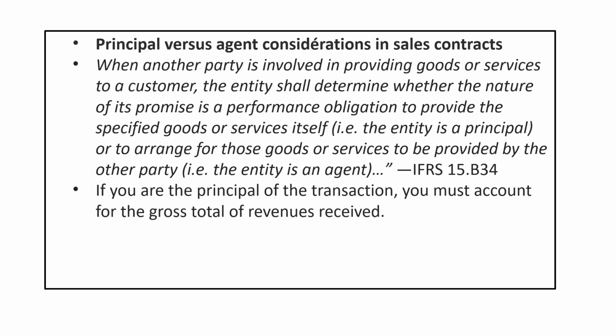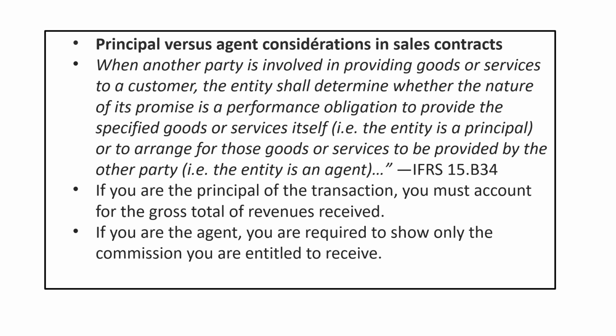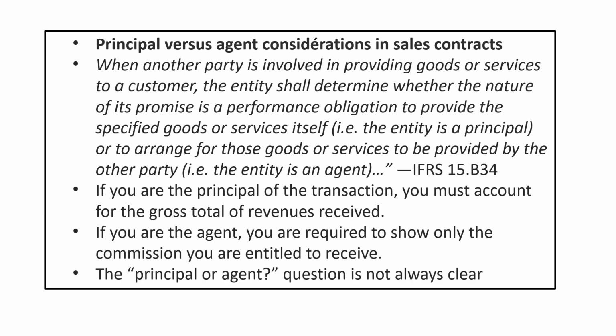Now, if you are the principal of the transaction, you must account for the gross total of revenues received. And if you are an agent, you are required to show only the commission you are entitled to receive. Therefore, the principal or agent question is critical. However, it's not easy to answer.